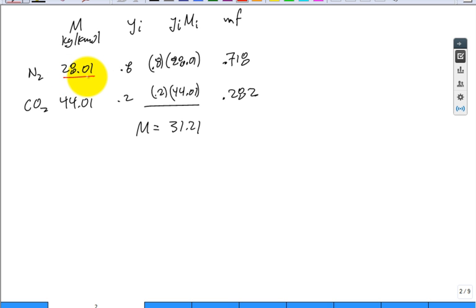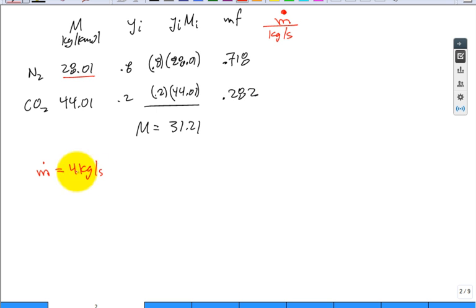Okay. Now, you can sit there and think, well, if I had a mass flow rate of 4 kilograms per second, could you tell me what the mass flow rate in kilograms per second is for each of those species, for the nitrogen? You could.